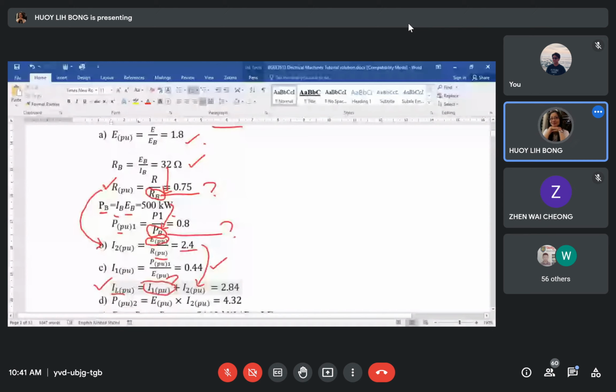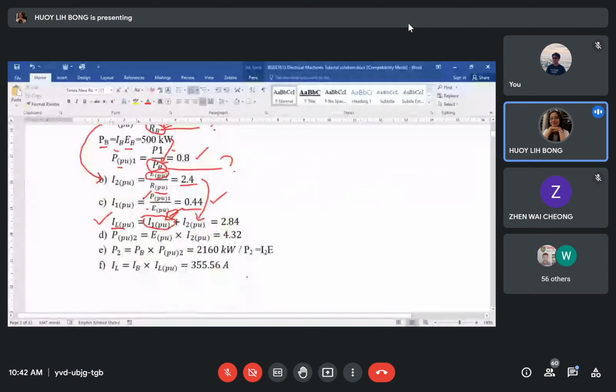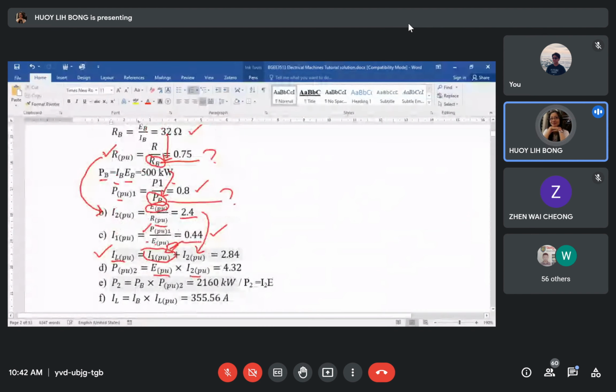Just use the power equation, divide by the voltage, you get the current. So just substitute in. For the power at the resistor, we already know the per unit voltage, and I2 we also found just now. Then you can find the per unit power at the resistor.